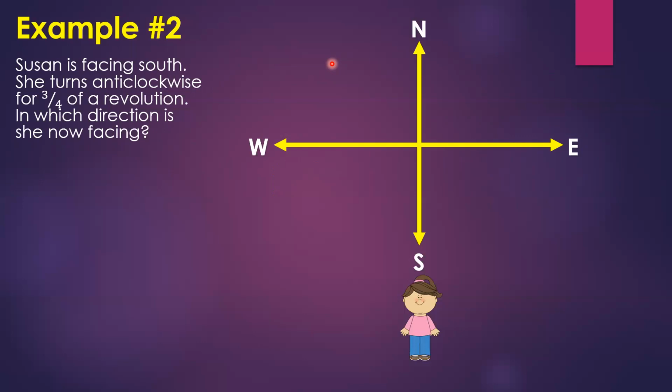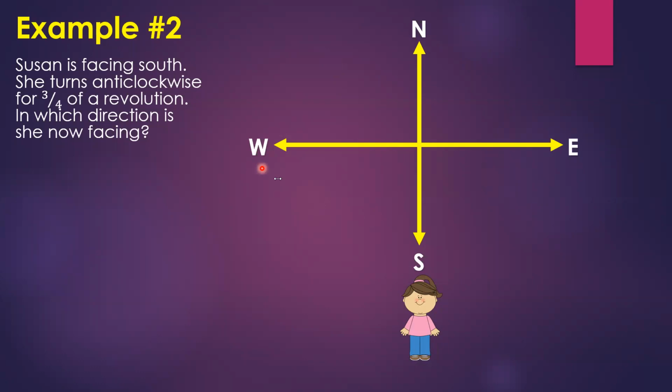In which direction is she now facing? Good. So Susan is currently facing south. She turns for 3/4 of a revolution. In which direction is she currently facing now?